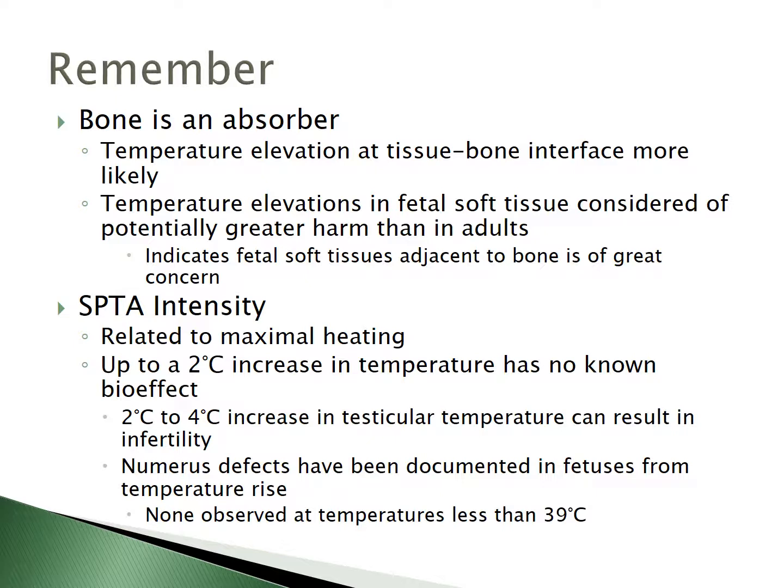And there's actually numerous defects that are documented in fetuses from some sort of temperature rise. But again, that has not been proven unless temperatures have risen above that 39, or 2 degrees higher than what our core temperature is. So with TI, we want to reduce it, especially when we're imaging fetuses or are near any tissue-bone interfaces that are going to be more likely to heat up.